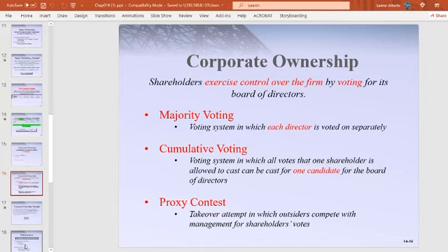What happened in the first one? The first method, majority: basically every shareholder, let's say they had 100 votes, uses all 100 votes to vote for a director, Mr. A, and then for the next one also, Mr. B, 100 votes. For the next, Mr. C, again they use 100.